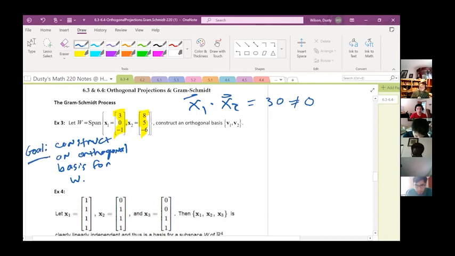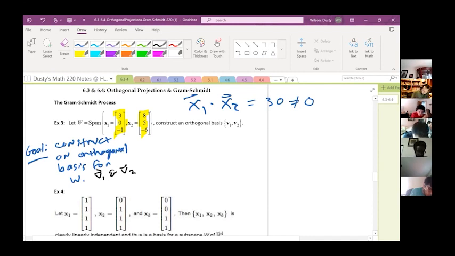We need a name for this orthogonal basis. We got to name these vectors. So we're going to call these vectors v1 and v2. So x1 and x2 are a basis, but they're not orthogonal. v1 and v2 are a basis, but now they are orthogonal. So they're going to be an orthogonal basis.